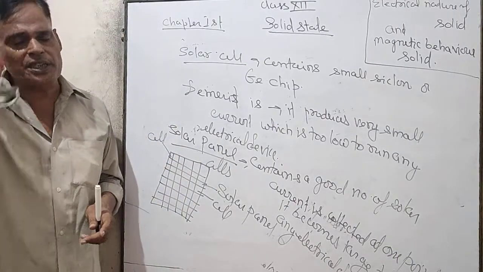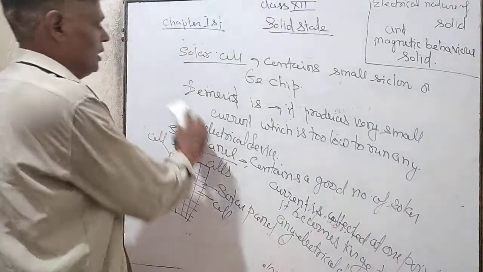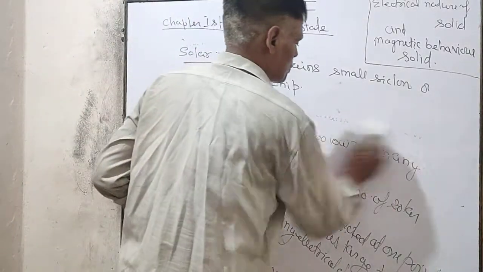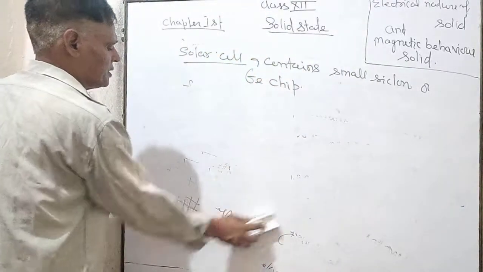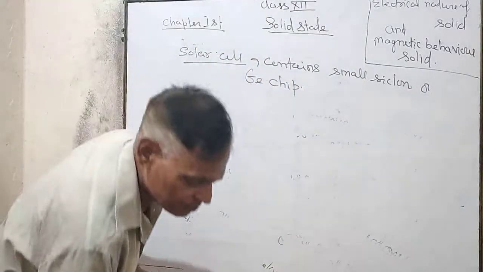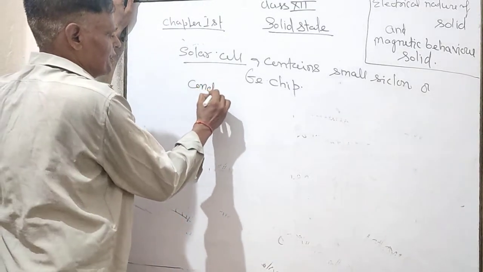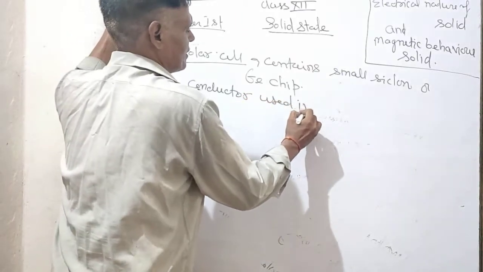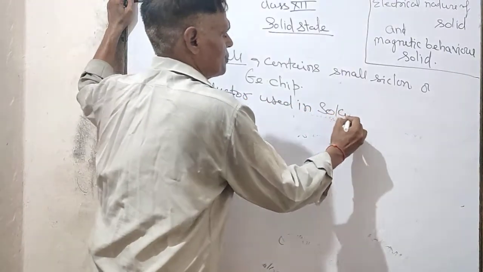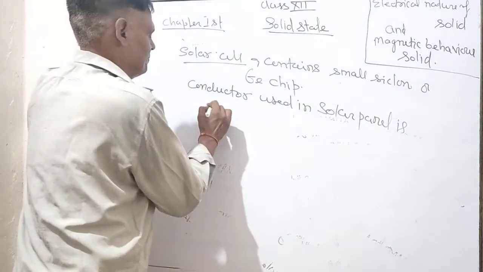So what kind of things are used in a solar panel? What are the conductors in a solar panel? The conductor used in a solar panel is silver.